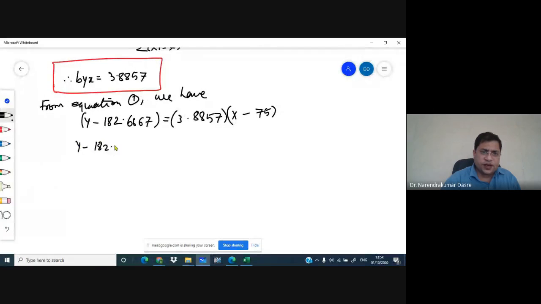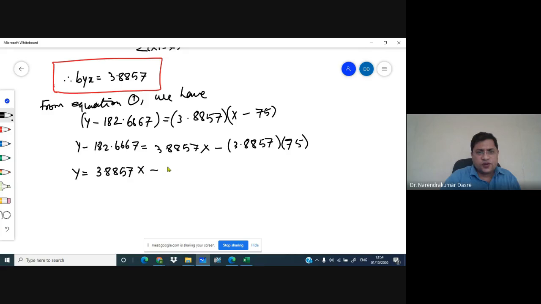So y minus 182.667 is 3.8857 x minus 3.8857 into 75. Take this value to the other hand side. So y is equal to 3.8857x minus 3.8857 into 75 plus 182.667.